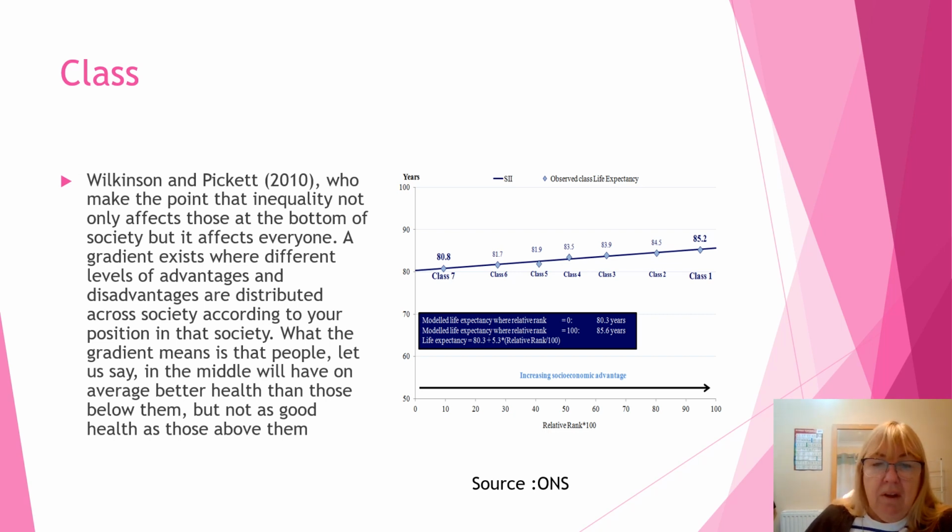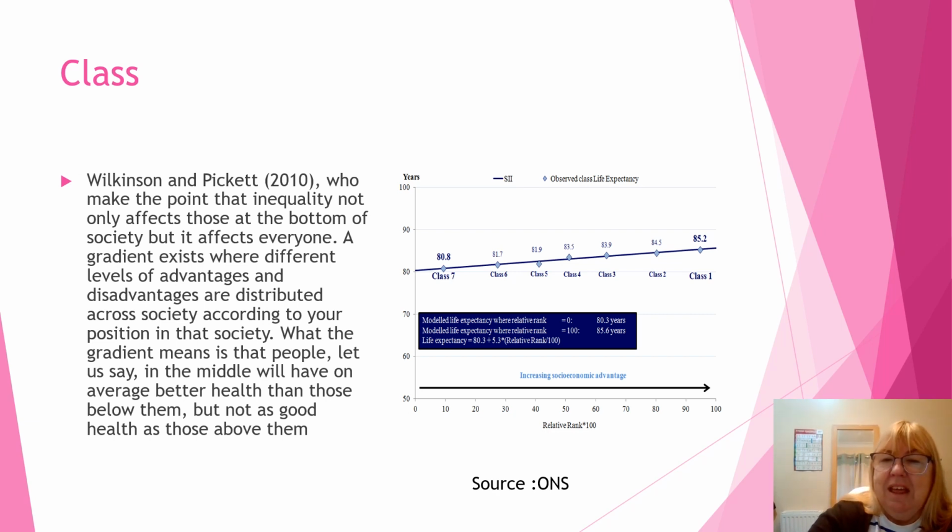So those in the middle class will have average health, the people in the classes below them will have less good health, and the people in the classes above them will have better health. So we've got seven classes here, really, from the upper class and middle class down to the working class, and various levels in between.